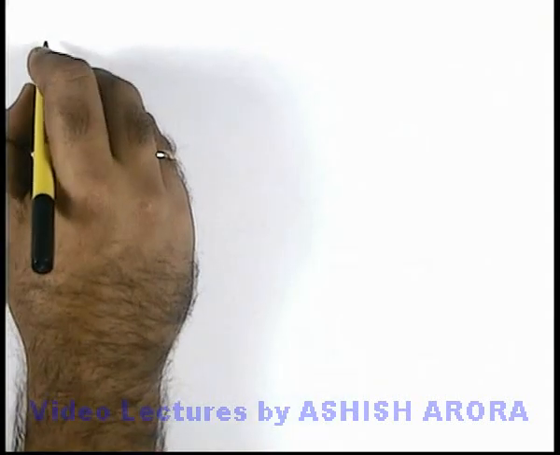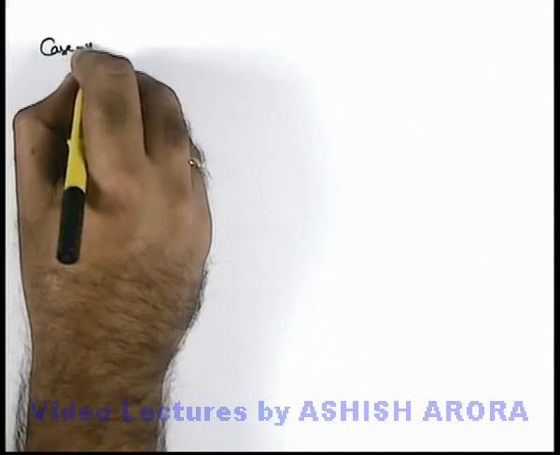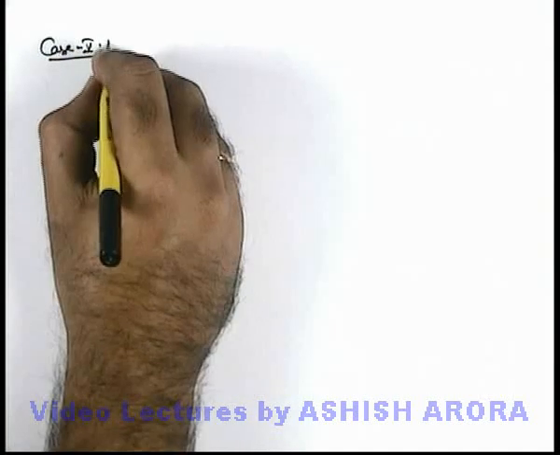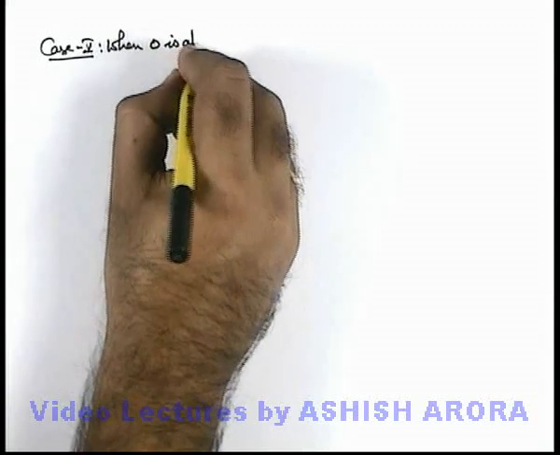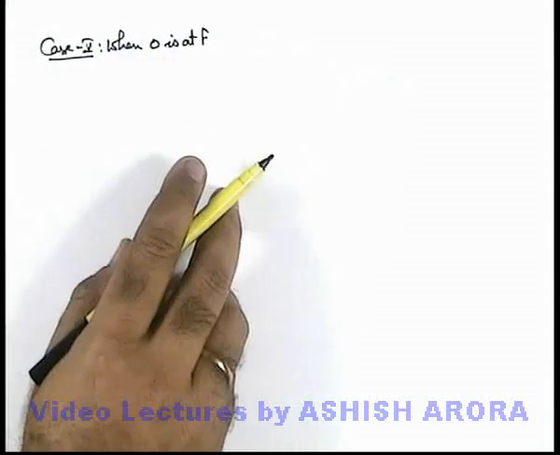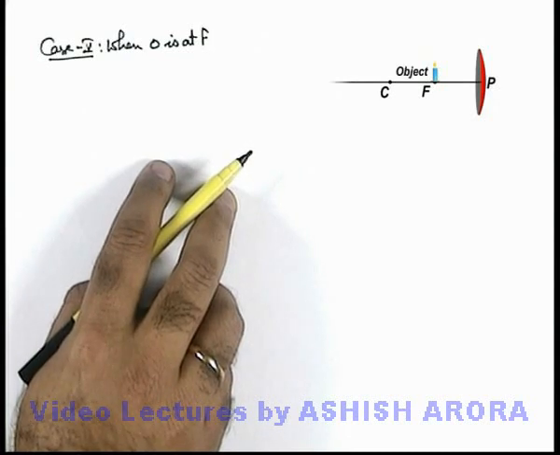Let's continue the discussion on image formation by a concave mirror with case 5. That is the situation when the object is placed at focus. Here you can see that the object is placed exactly at focus.